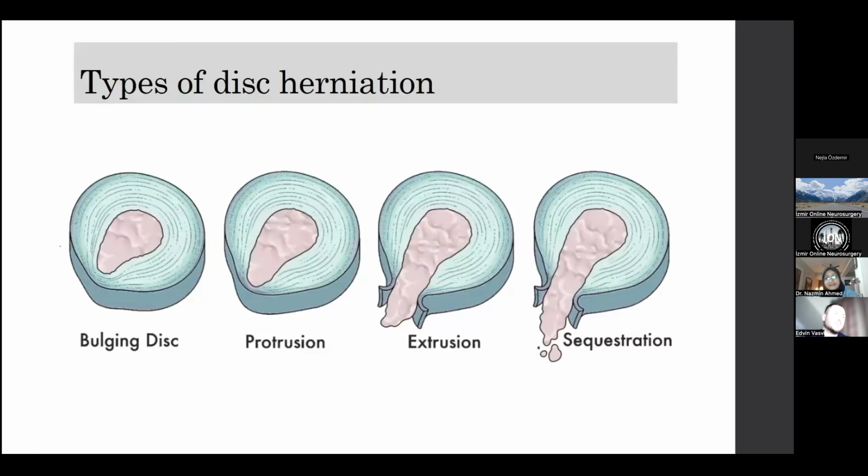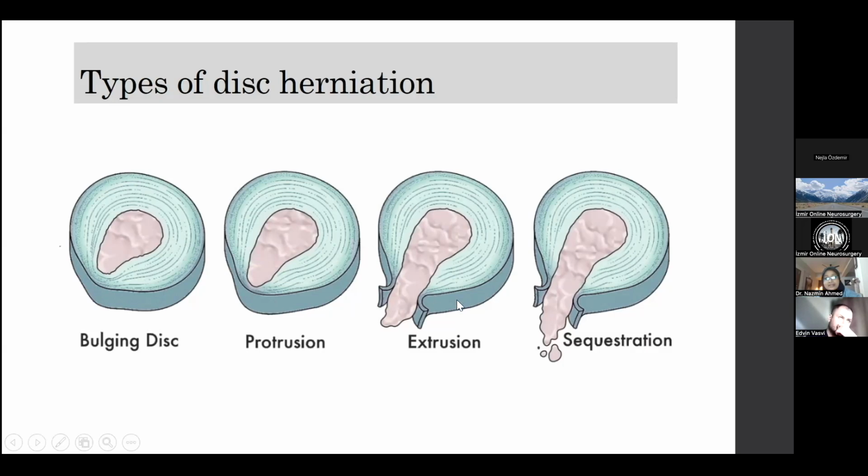If we classify the types of disc herniation anatomically, it can be classified into four types: bulging disc, protrusion, extrusion, and sequestration. In the first two, bulging disc and protrusion, there is relative preservation of the annulus fibrosus. You see there is an intact annulus fibrosus, the outer boundary remains intact.